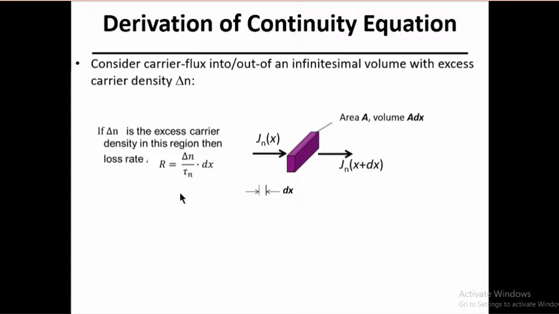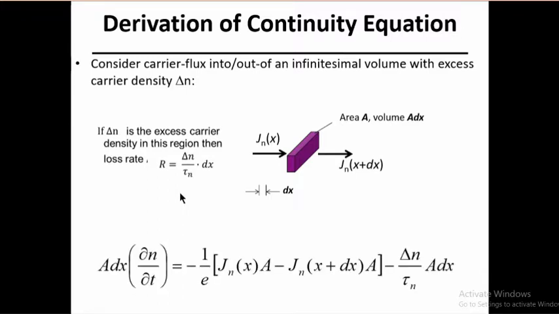We call it del n over tau. So if I want to obtain the total flow rate inside this semiconductor, we say the total flow rate, which is the change of n by the time, multiplied by the volume, is equal to the flux, the flow rate.